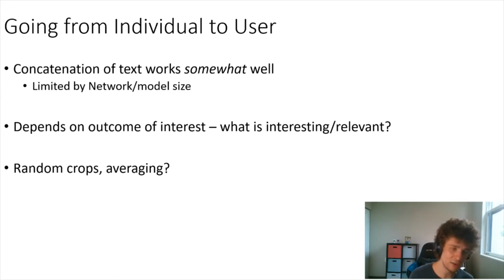But I've heard of concatenation of text, and from my limited experience, it does work really well. But the issue is if you're doing a neural network, you have to define the size of your space first, or how much a post is, so you're limited by that. You can't just put all of the user's posts in there, and you still have the problem that if somebody posts a lot and somebody else doesn't, you then ask whether that act of posting is related to your outcome.